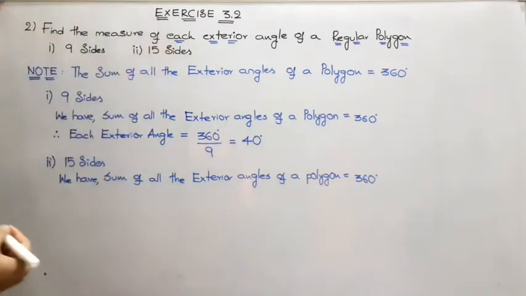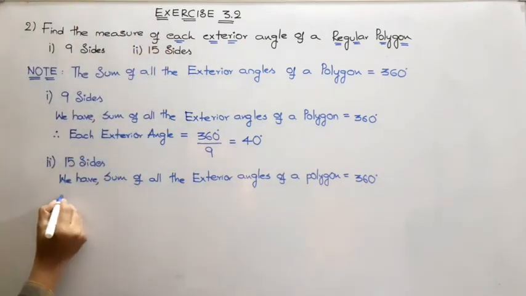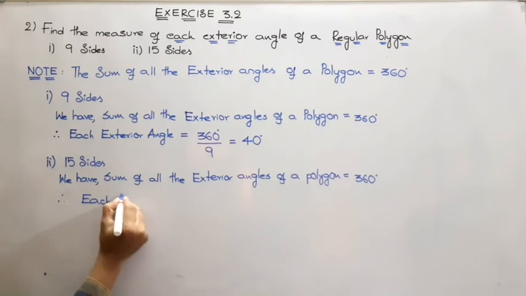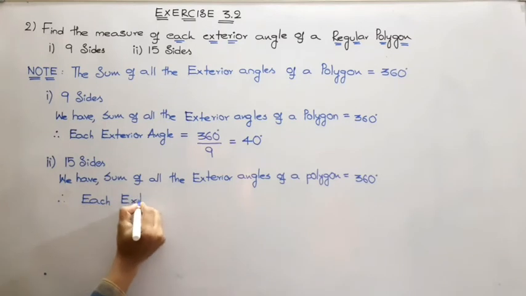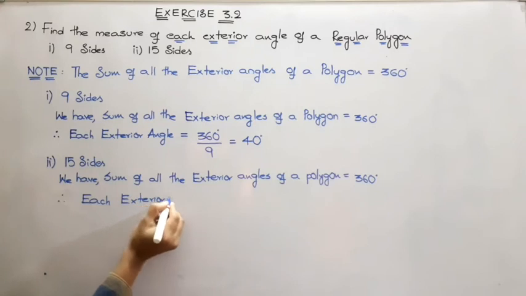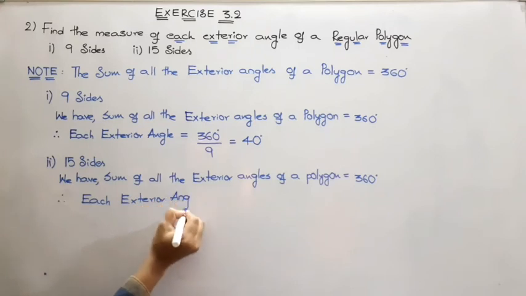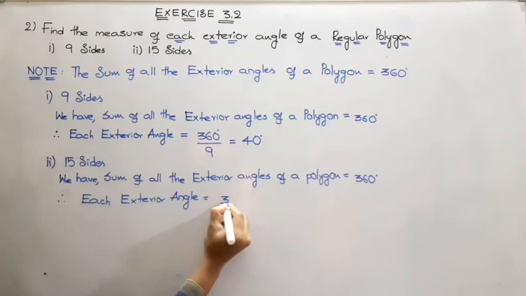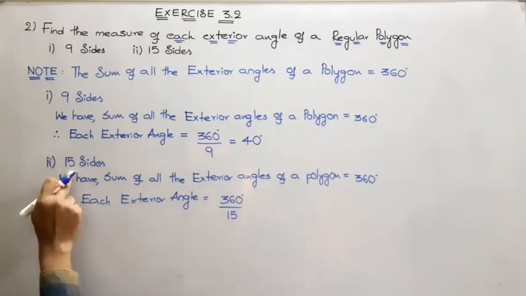Therefore each exterior angle is equal to 360 degrees divided by 15, because the number of sides is 15.